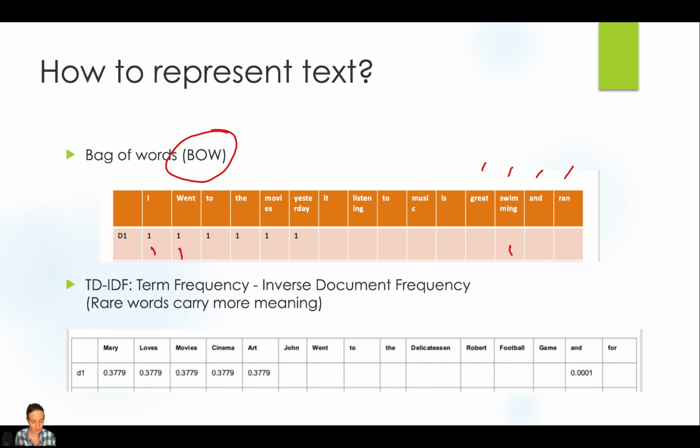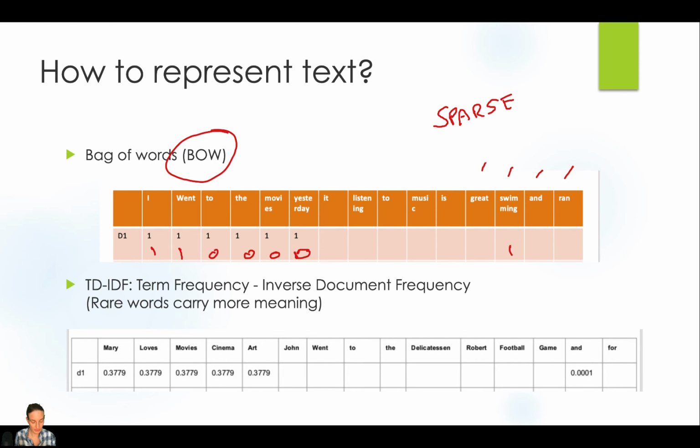Something that is immediately apparent here is that there are 20,000 words or so in the English language, so to represent I went swimming, I need almost 20,000 zeros and 3 ones. So it's a very, very sparse representation. This is going to become a problem when we're learning models.